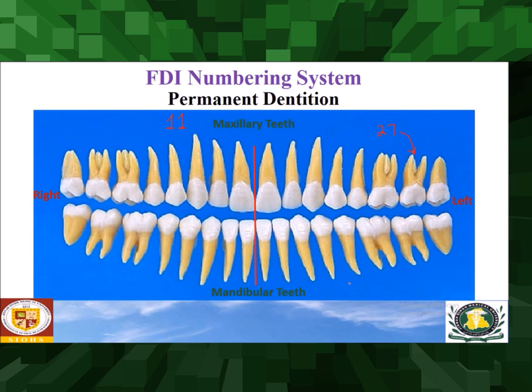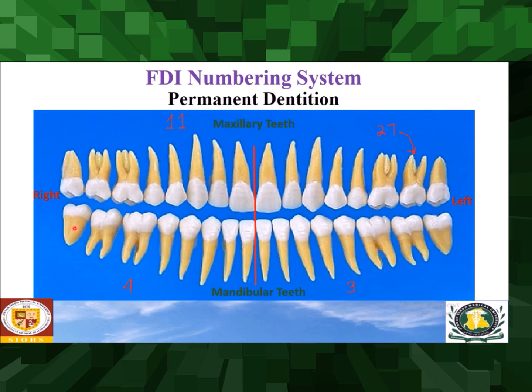Now this is the third quadrant, the mandibular left quadrant, referred to as number 3, and this quadrant is given the number 4, the mandibular right quadrant. Now the mandibular right third molar. This is the whole mandibular arch. This is the first molar, second molar and the third molar.